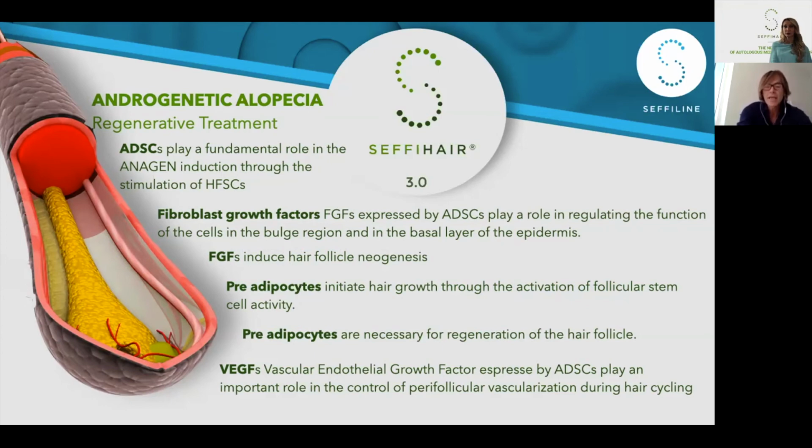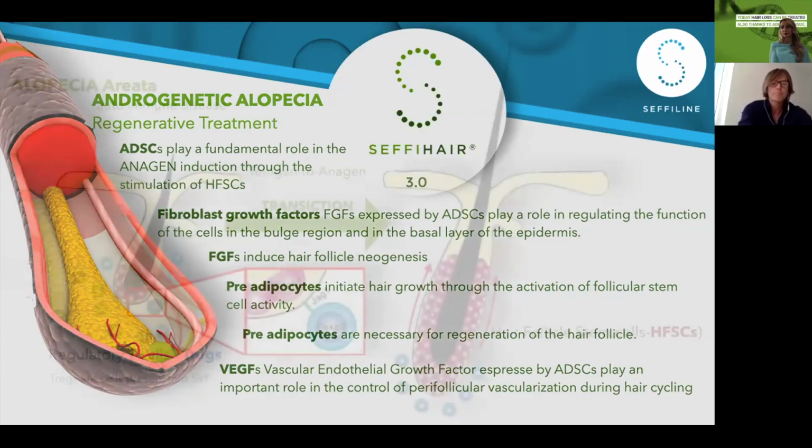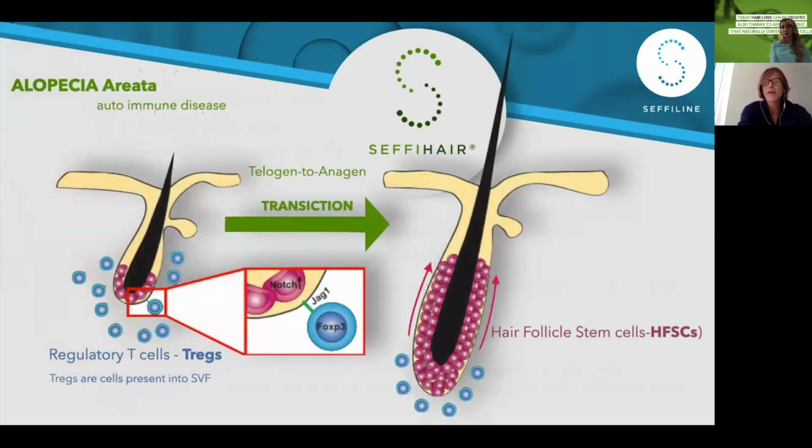Last but not least, vascular endothelial growth factor is extremely important for increasing the vascularization of the scalp. A recent study proved that there is an interesting result with regenerative therapy also for alopecia areata.